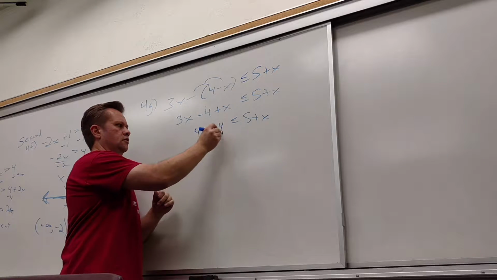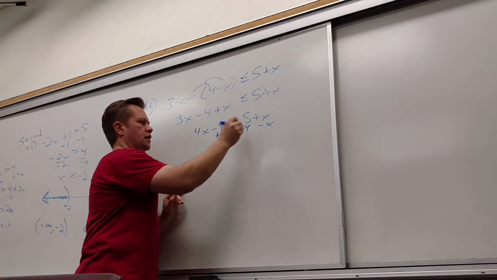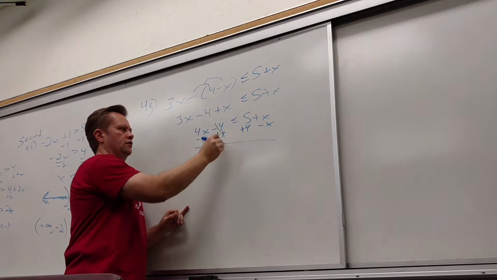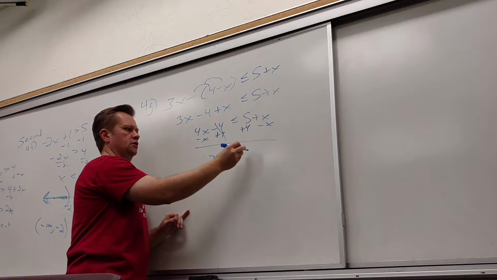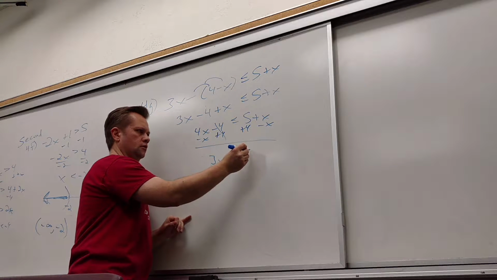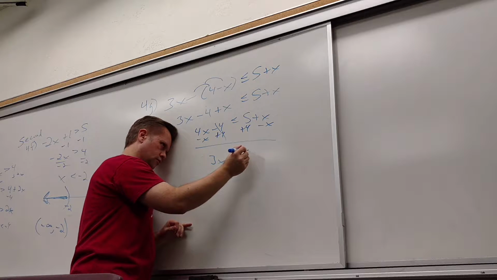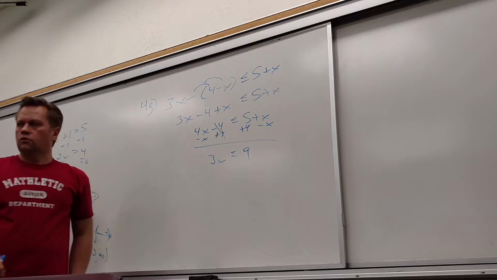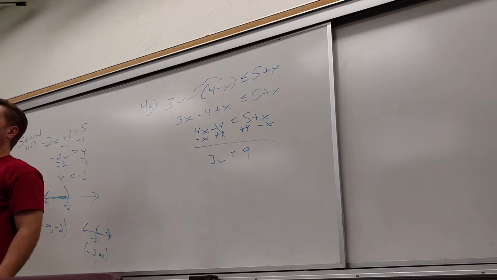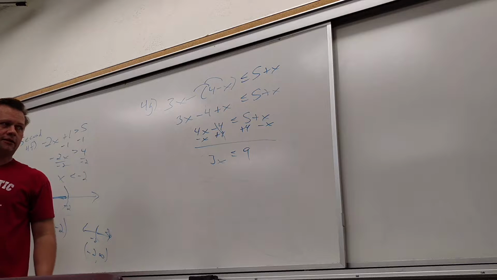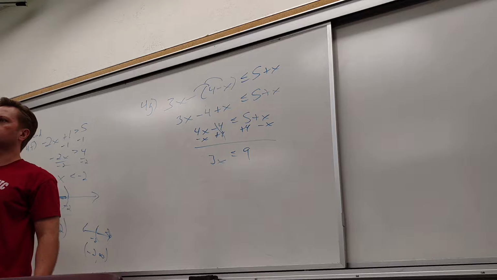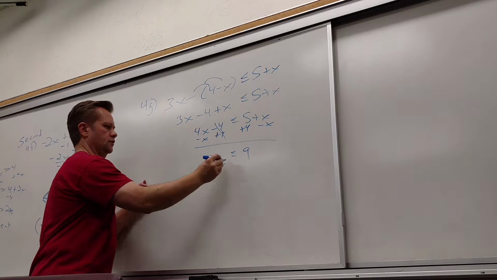Plus 4. And also I can take x away. So you get 3x less than or equal to 9. And then the last step, divide by 3.